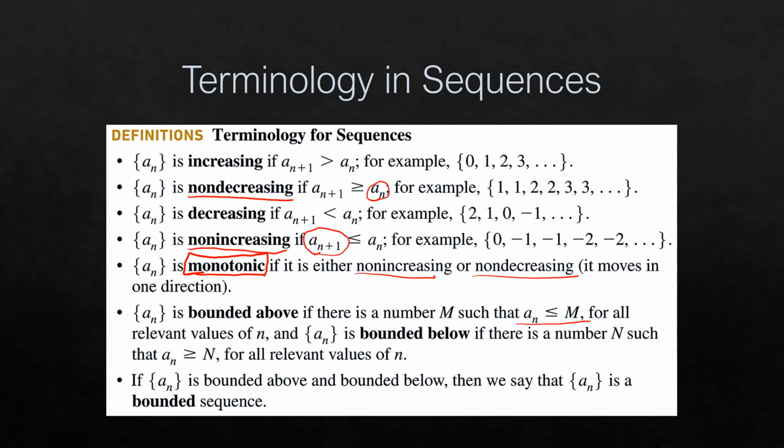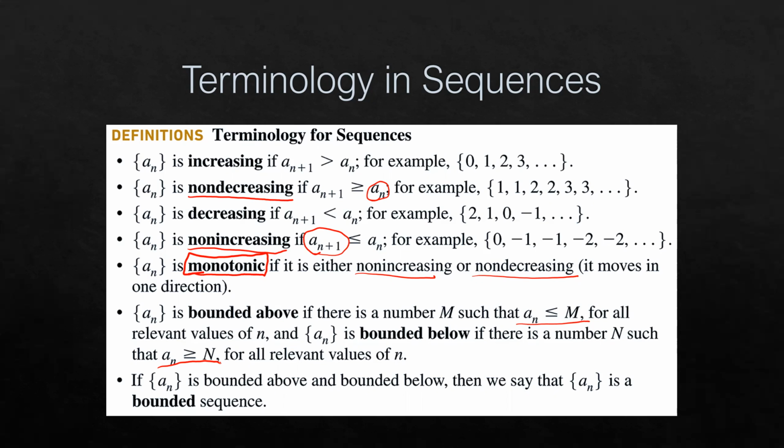Or the other way around, if there's a number N where your sequence terms are always greater than or equal to it, then your sequence is bounded below. And if it's bounded both above and below, then you would say the sequence is bounded.